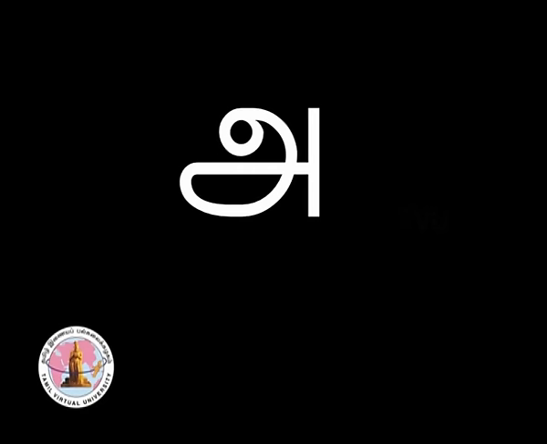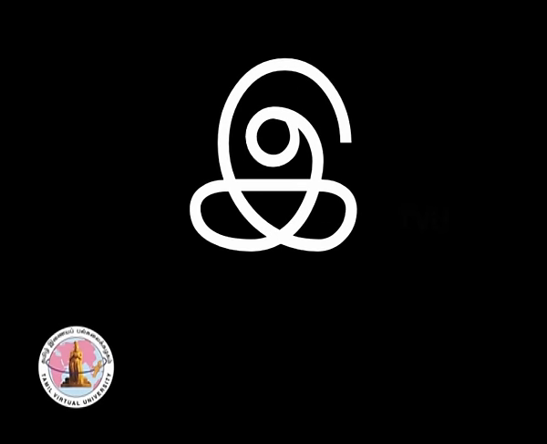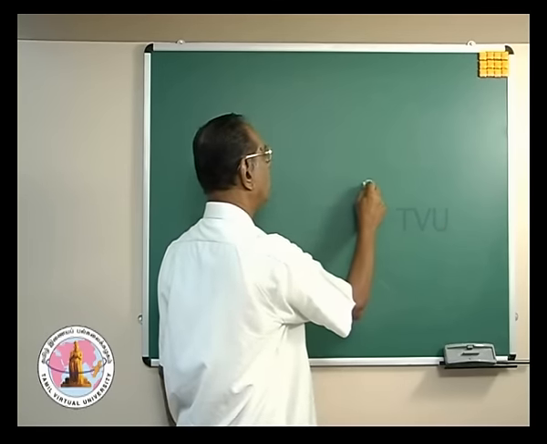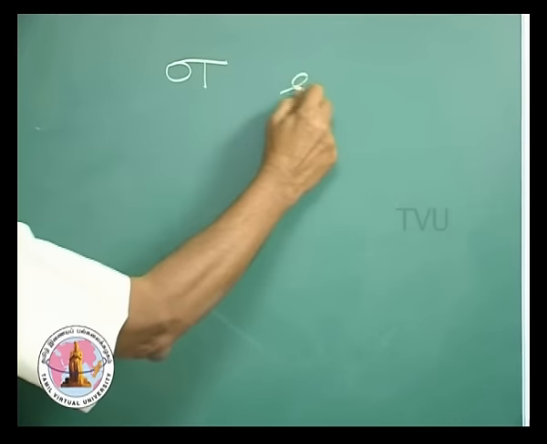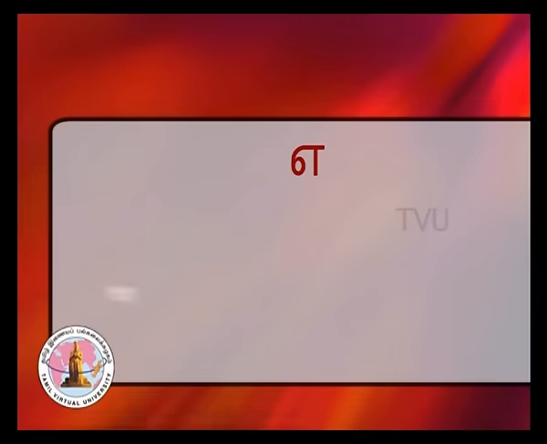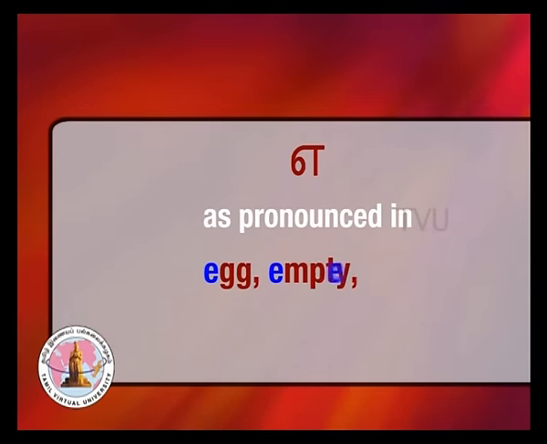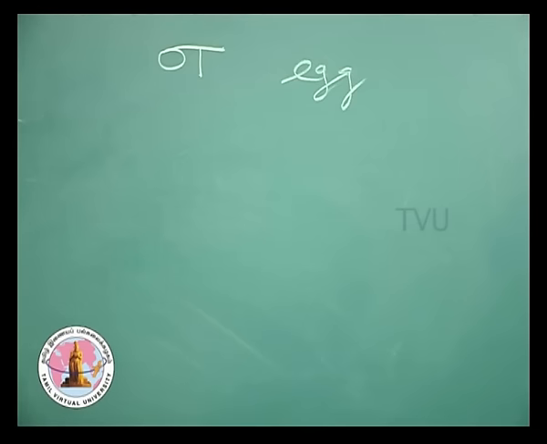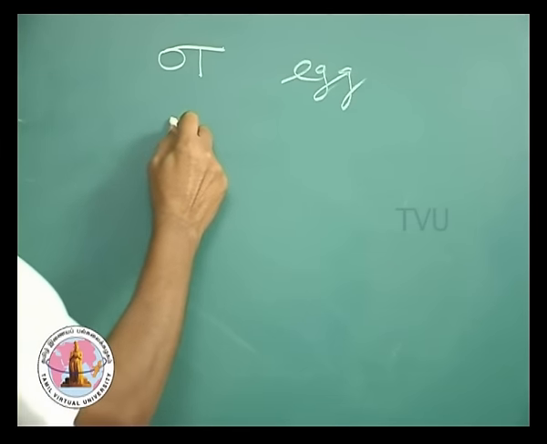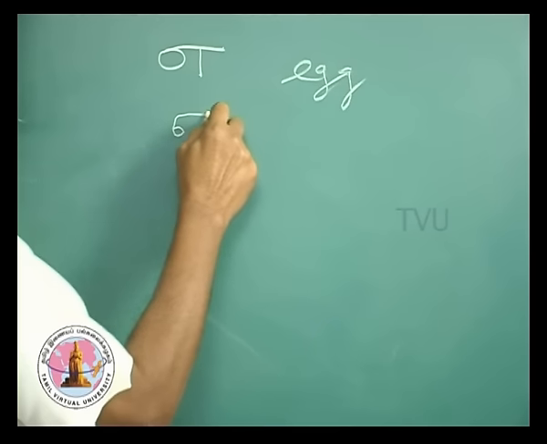We have seen A, I, U, U. Now we go to A. As you have in egg or empty. So this is written with circle, go up, extend it, come down.